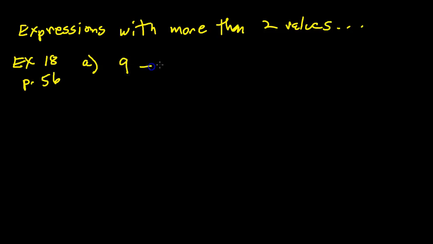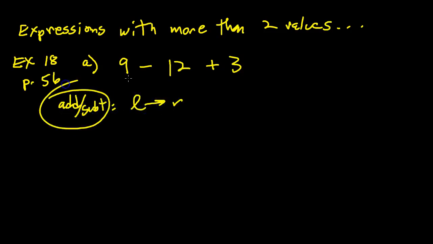Example A says this, 9 minus 12 plus 3. Well, which do you do first, the subtraction or the addition? When you've got a chain of commands like this, if all you're doing is adding and subtracting, then we go left to right. Just addition, just subtraction, we go in order from left to right.